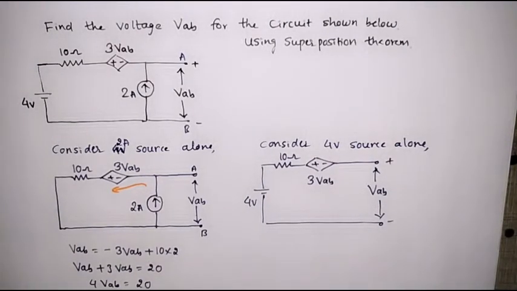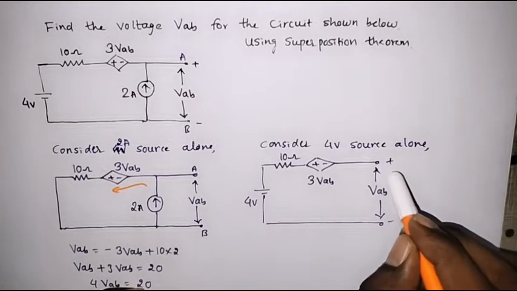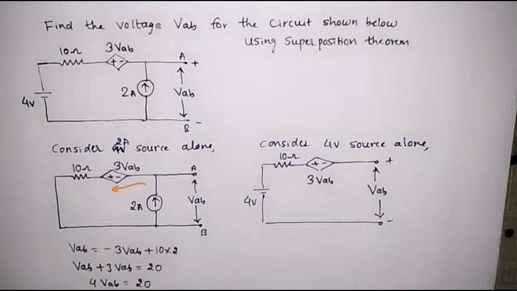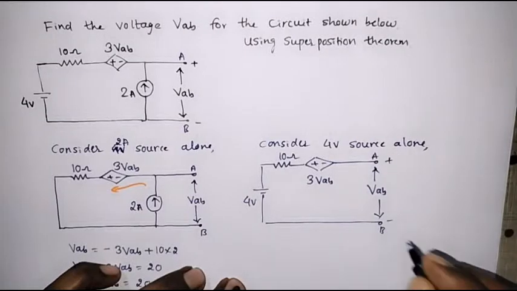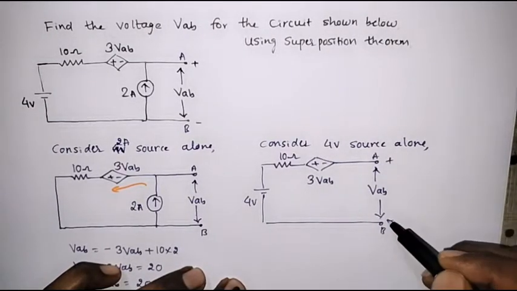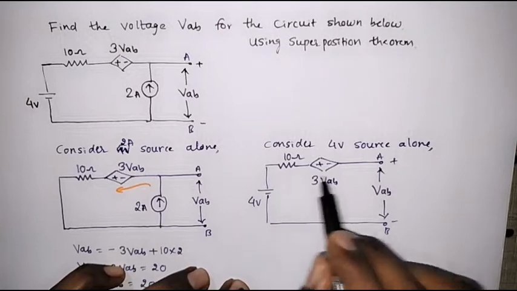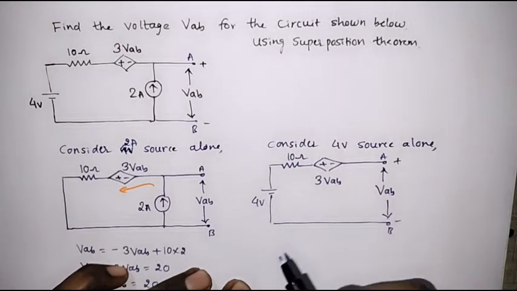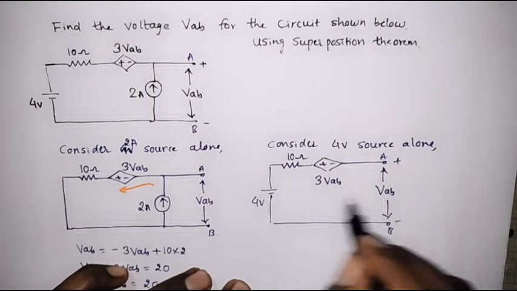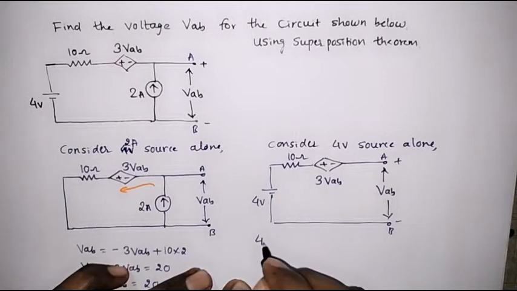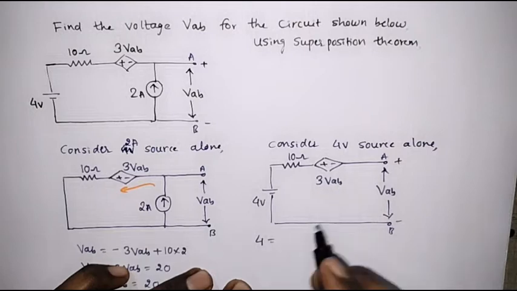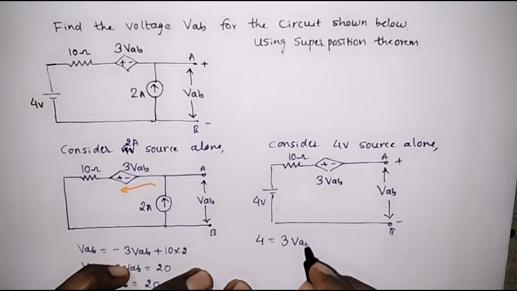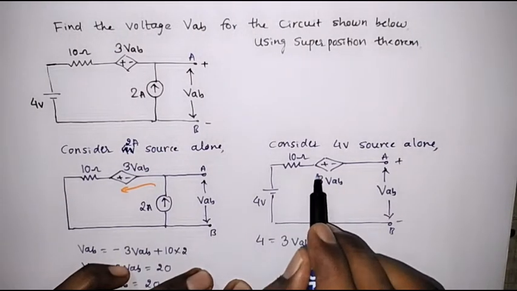Now observe this circuit. Here this circuit is open at terminal A and B. This is the A terminal and this is the B terminal. Because of this open terminal A and B, no current flows in this loop. It means if there is no current in this loop, the voltage across the 10 ohm resistor is 0. Therefore now I can find VAB. I will apply KVL to this: 4 is equal to 3 VAB, because now we are moving in this direction.